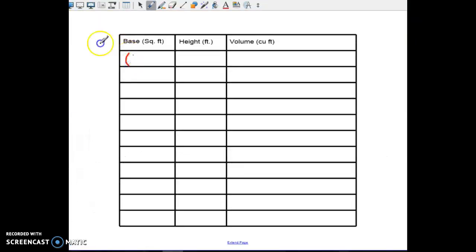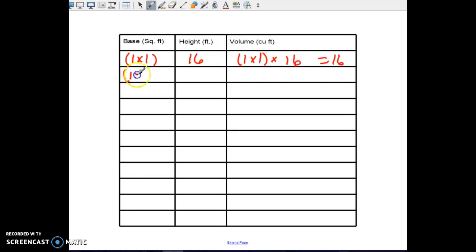Let's start with the basic fact of 1 times 1. And what do we want this to equal? 16, right? So 1 times 1 is 1. What am I going to have to multiply this by? 16. So this one would look like 1 times 1 times 16 equals 16.